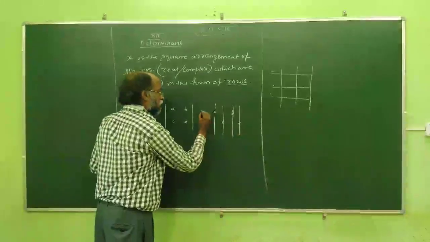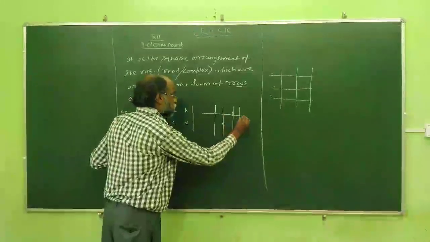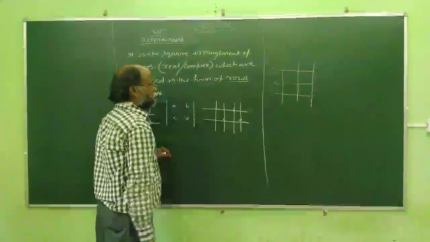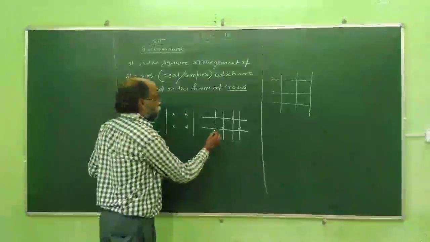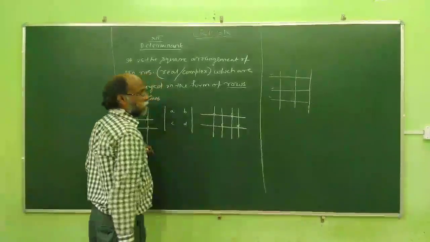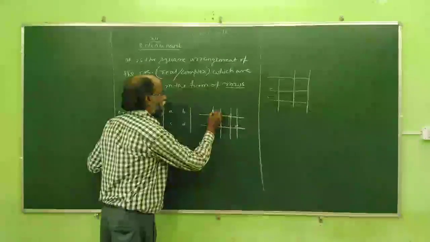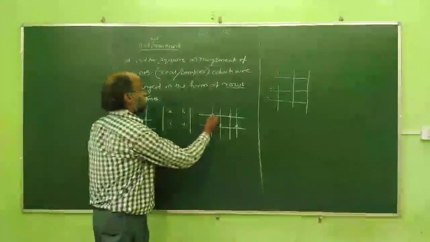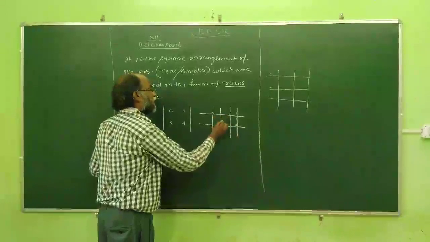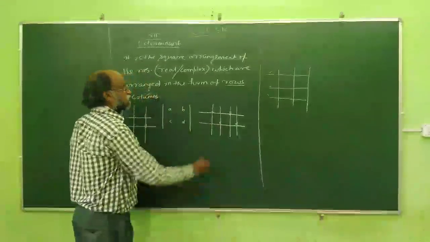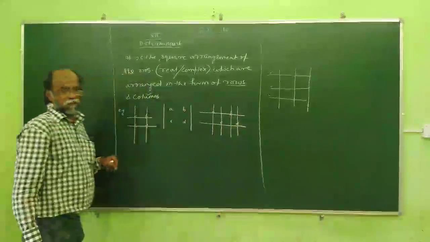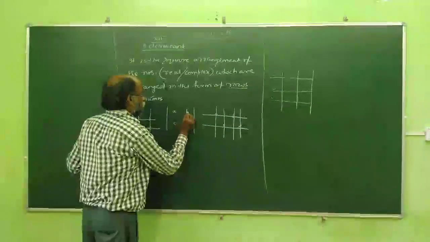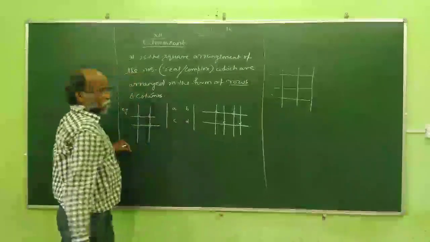Okay? And put the horizontal lines. How many horizontal lines are there? 2. Number of vertical lines is 4. So here the number of horizontal lines is not equal to number of vertical lines. So this arrangement is not a square arrangement. So this cannot be taken as a determinant. Am I clear? Now these are called elements of the determinant.